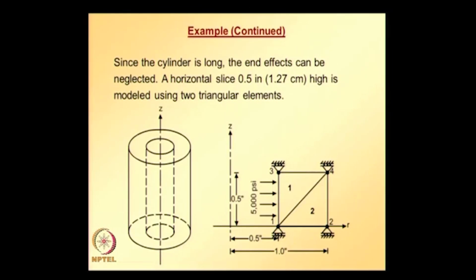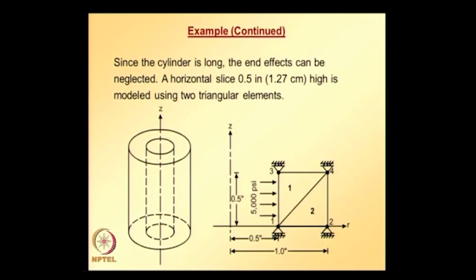A horizontal slice of 0.5 inch or 1.27 centimeters height is modeled using 2 triangular elements. So, this is how this long, thick wall cylinder is modeled.